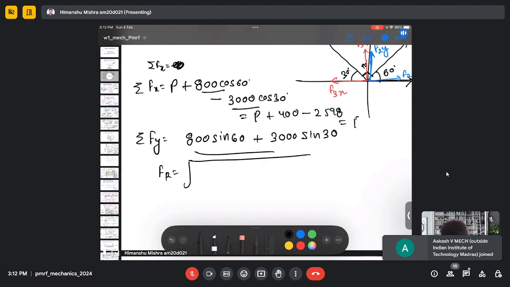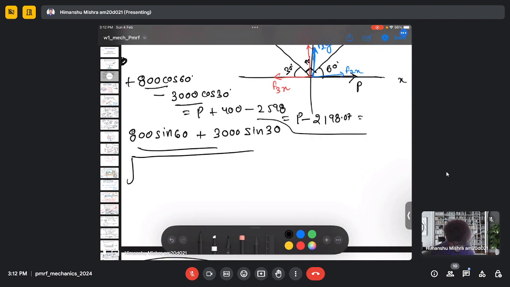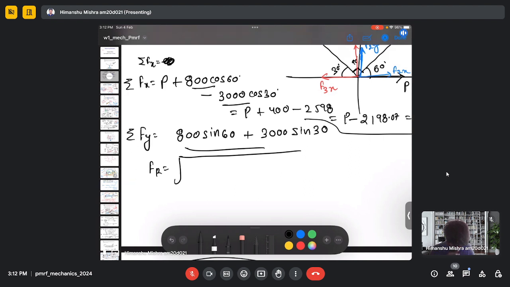So we get P minus 2198.07, which is the summation of force in the horizontal direction.